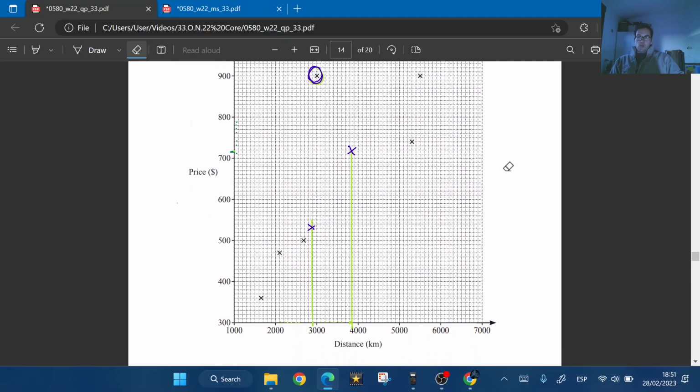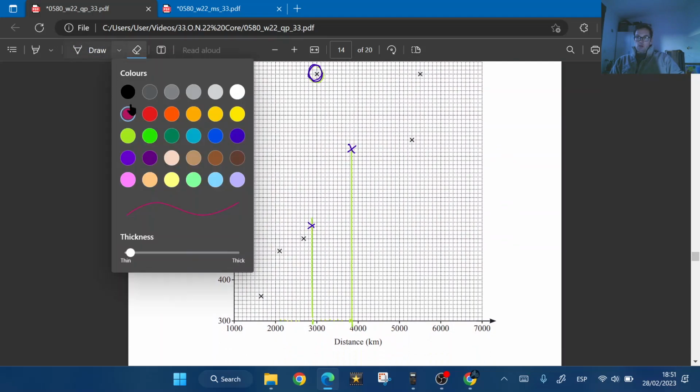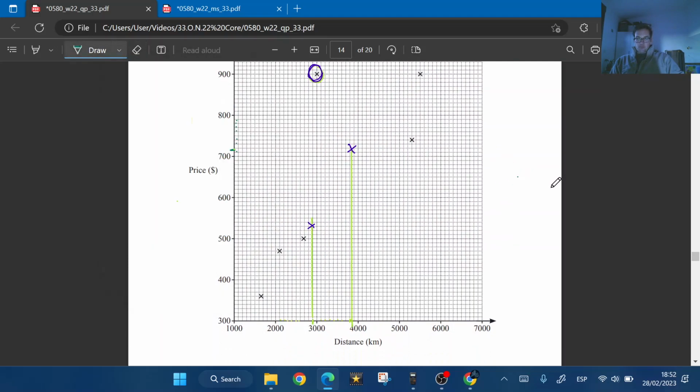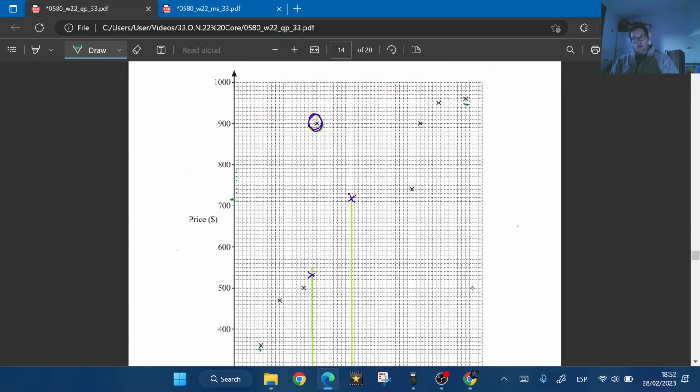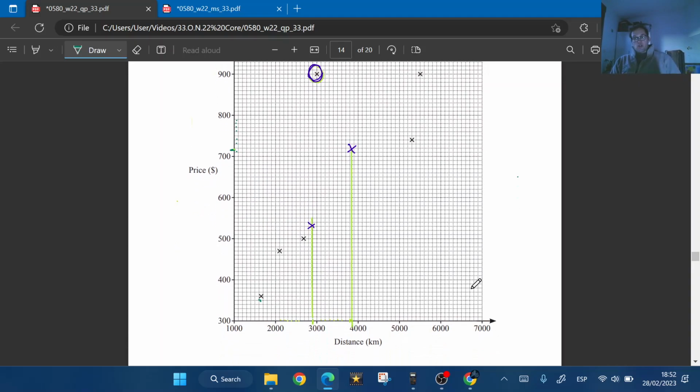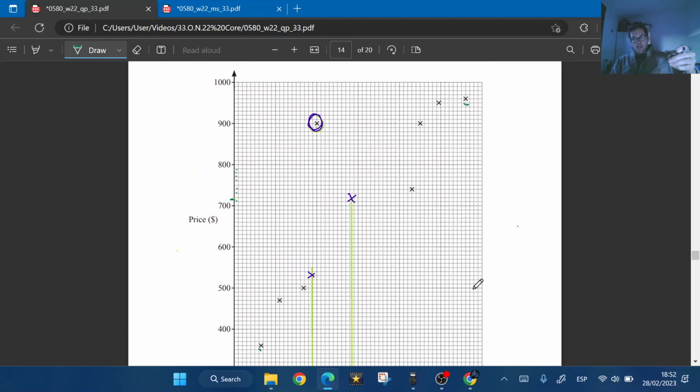So generally what you would like to do, and now I'm going to draw the right one, which you can do in pencil, is start as close as possible to the lowest value and end as close as possible to the top value. You don't necessarily have to start from 0. Then try to get the same amount of crosses below and above, following the pattern.